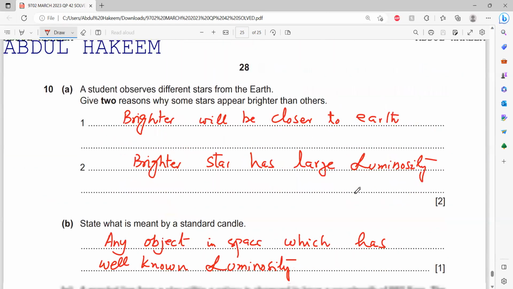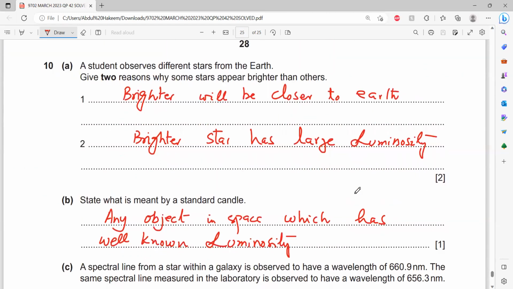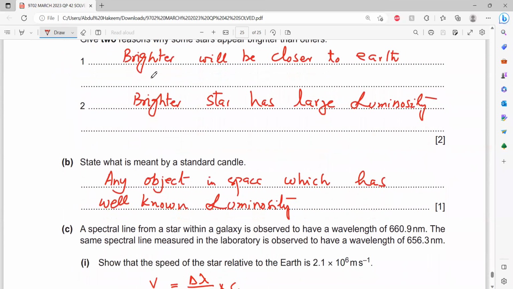Now, the next question: a student observes different stars from the Earth. Give 2 reasons why some stars appear brighter than others. First, this star is closer to the Earth, so it is brighter because it is closer. And second, it is brighter because it has large luminosity. State what is meant by a standard candle.